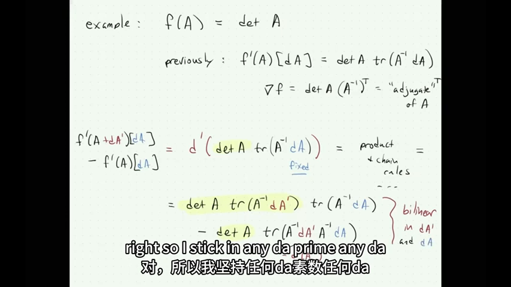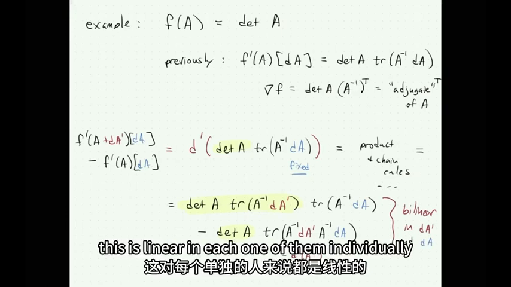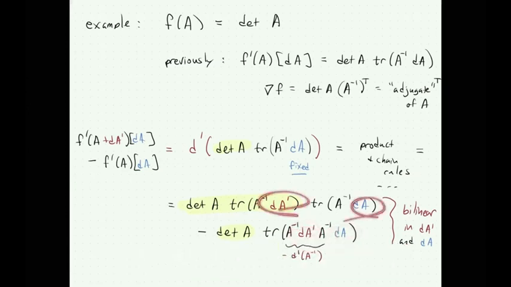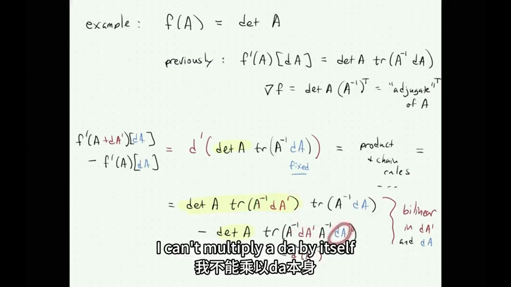So I stick in any dA primed, any dA. Clearly, this is linear in each one of them individually, right? I can multiply dA by dA prime. It's quadratic, but I can't multiply dA by itself.